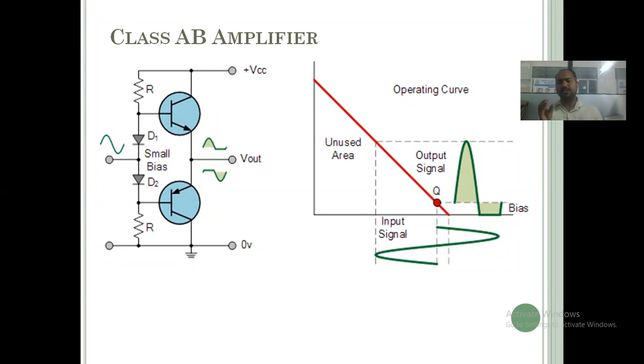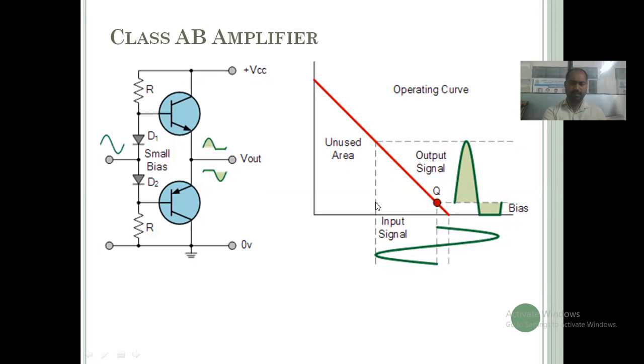Biasing indicates some DC voltage, and whatever effect comes from that DC voltage is seen during this portion as well as this portion. Some of the signal is lost in case of class B. This is not lost in case of class AB type of amplifier. The same thing here: one transistor is for positive, the other is for negative.